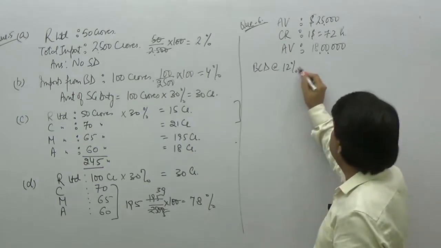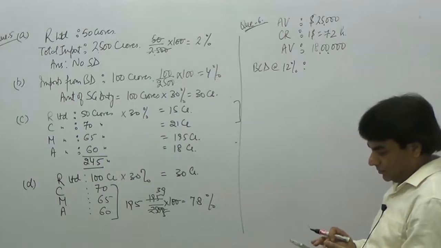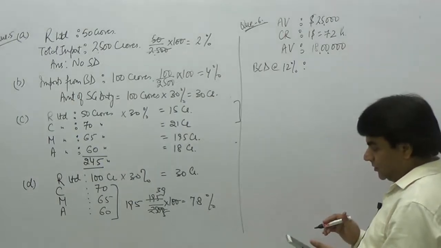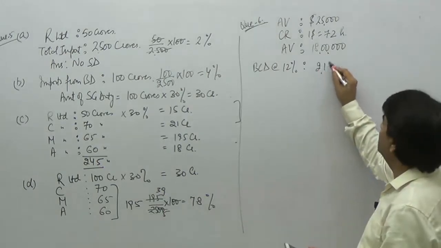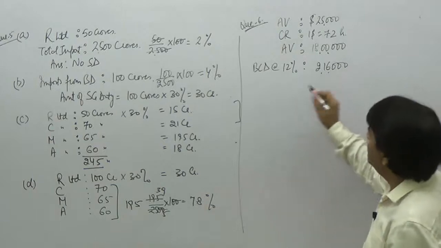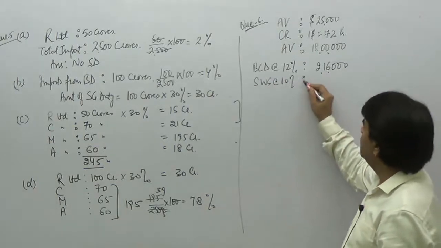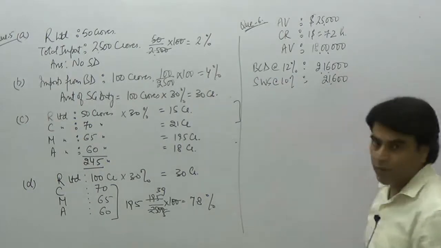So 12% on this amount comes to $2,16,000. 2,16,000 is BCD. Apply SWS 10% on this, 21,600. Okay.